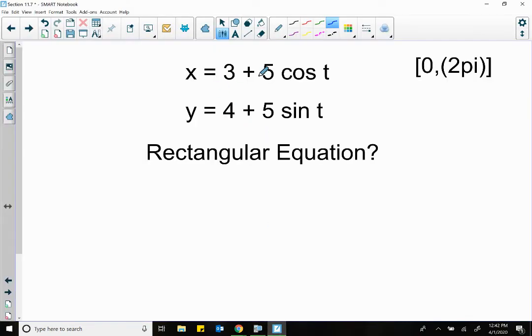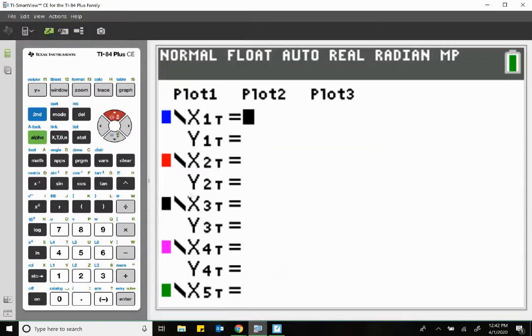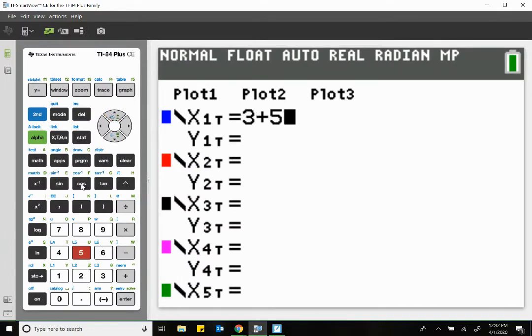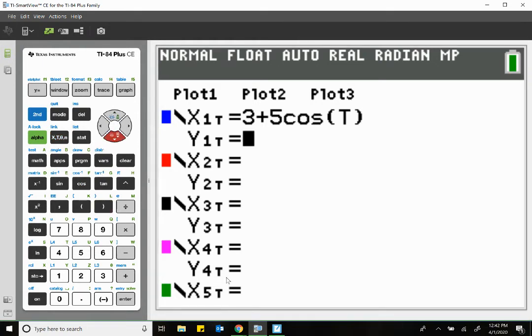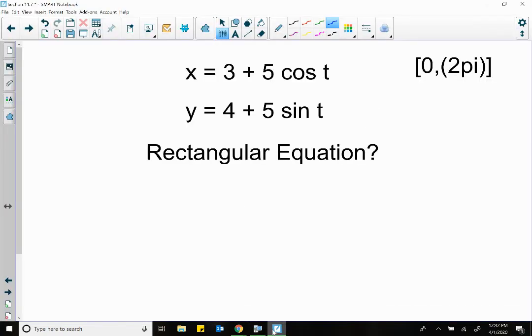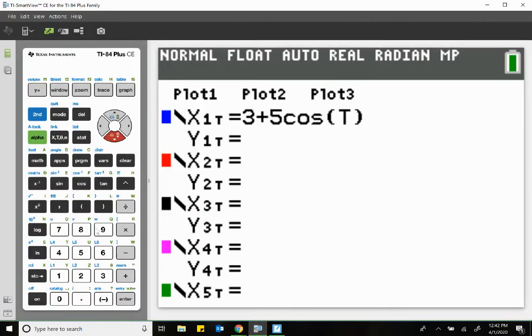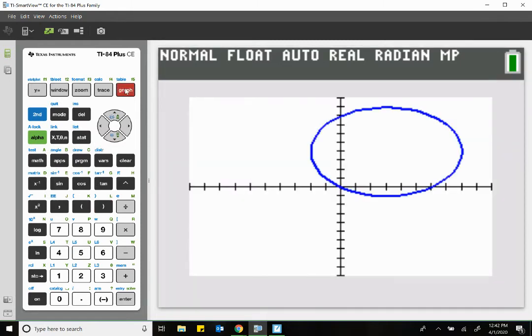We have 3 plus 5 cosine t, and the other one is 4 plus 5 sine t. Okay, so graph. And there's what it is.